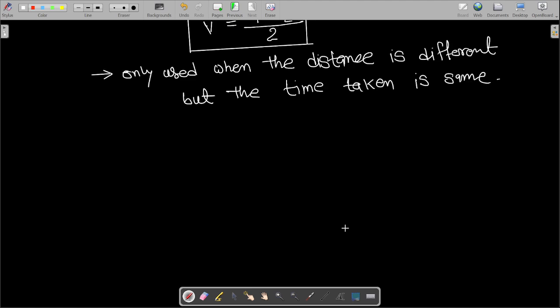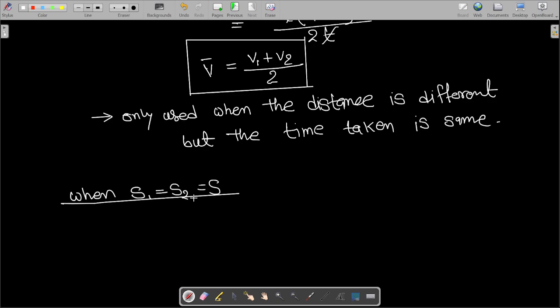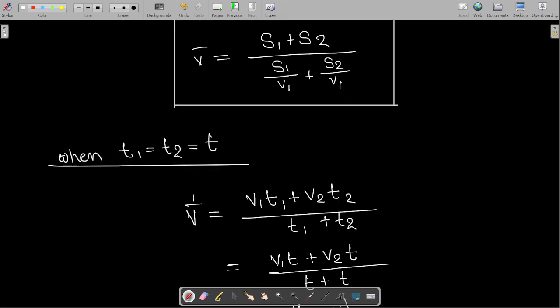Now a different case, when the distance is the same but the time taken is different, when s1 equals s2 equals s. Then what will the expression be here?